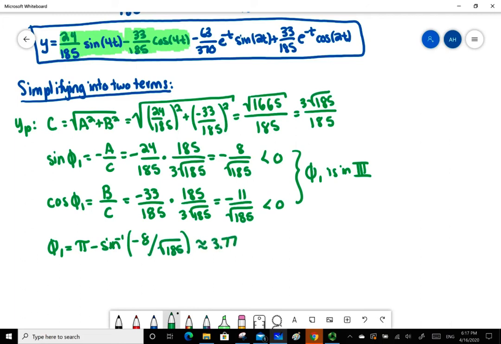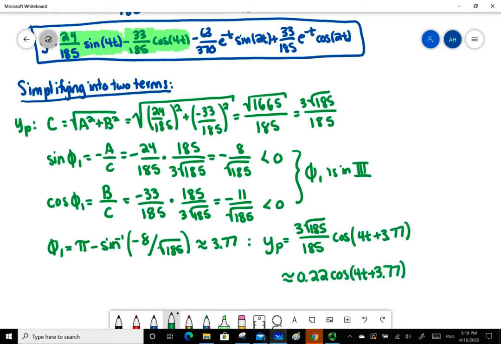So the steady state term simplifies to yp equals 3 square root 185 over 185 cosine of 4t plus 3.77, or approximately 0.22 cosine of 4t plus 3.77.